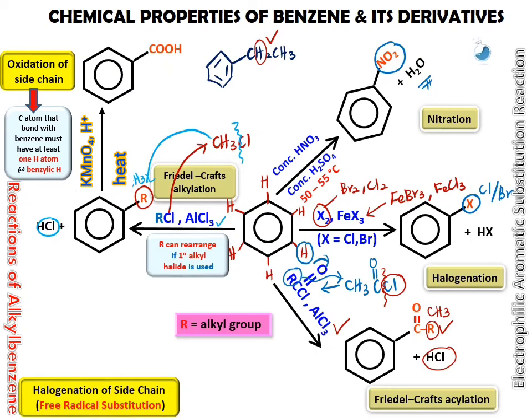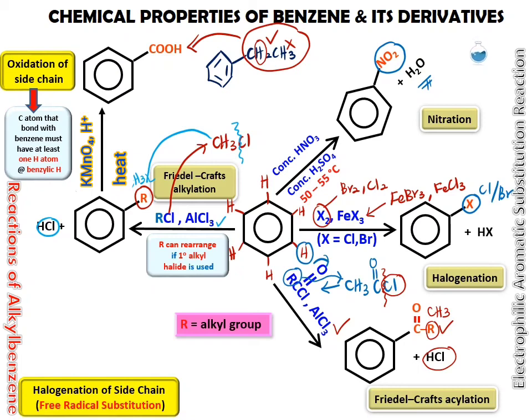Nampak tak? So bila hydrogen tu bond with carbon that directly bond with benzene, that hydrogen we call as benzylic hydrogen. While this hydrogen is not benzylic hydrogen because that carbon not directly bond with benzene. So itu syarat dia. So the whole alkyl group here will change to COOH. See?